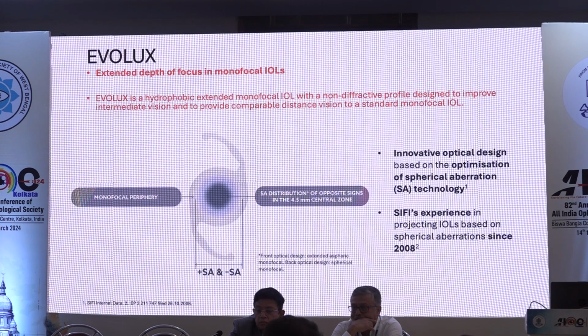It is an innovative design, and in the center 4 millimeter there is opposite sign spherical aberration, a combination of positive asphericity and negative asphericity. They are able to create some kind of elongated focus, and the patient is able to see at a range of 60 centimeters.